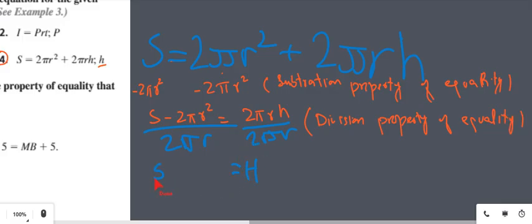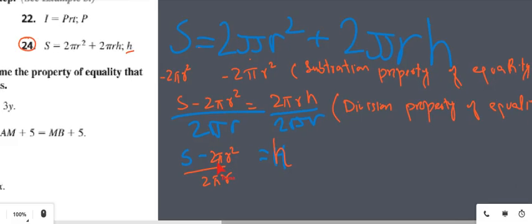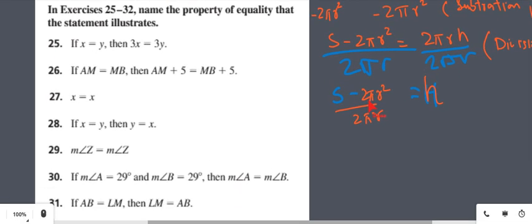So you will get h, it's not capital H, h equals s minus 2 pi r squared over 2 pi r. So what we did, we made h the subject. Got it? Very easy question. Okay, let's move to question number 25.